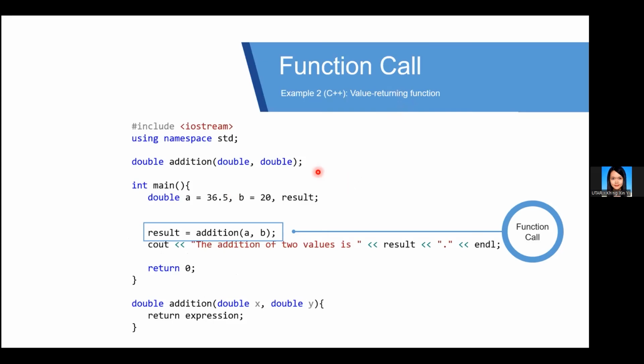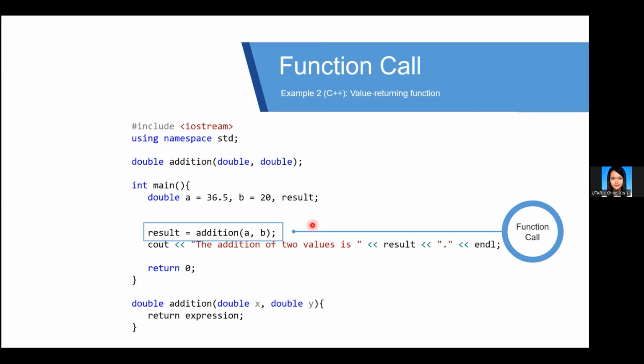Again, you look at the function declaration here. The double is the return type, which means that the function will return a value of double data type to the function caller. And then what is the function name? The addition here, right? And if you look at the parameter list here, we have two doubles. It means we are going to pass down two double values to the function.